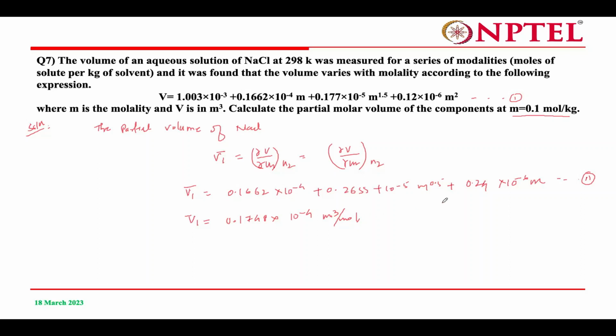Now substitute m equal to 0.1 in equation 1, and we get V equal to 1.0047 times 10 raised to power minus 3 meter cube, right?